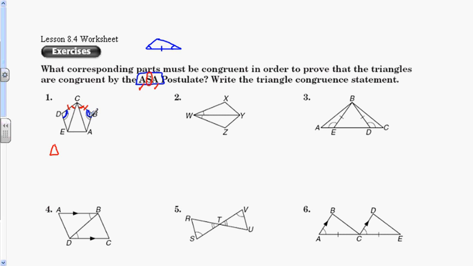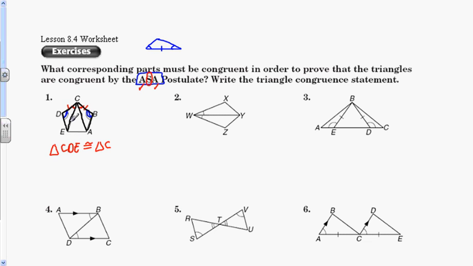So again, there's 3 triangles present, but we're focusing on, because of the information we got, this one and this one. So if I say the first one is CDE, it will be congruent to, be very careful now, what corresponds to C. In both triangles, C will be the same.